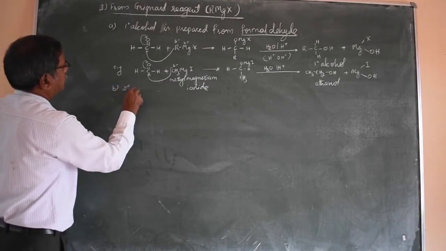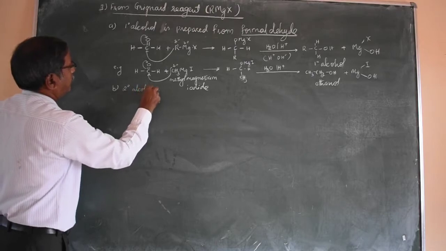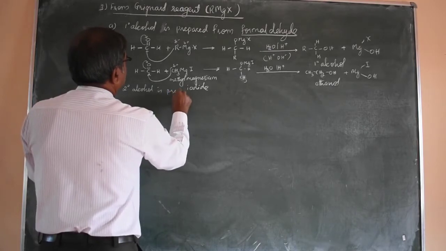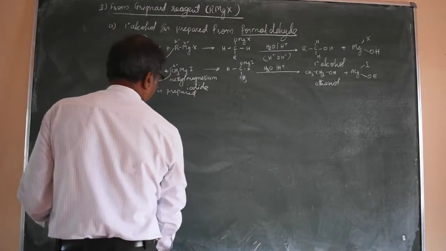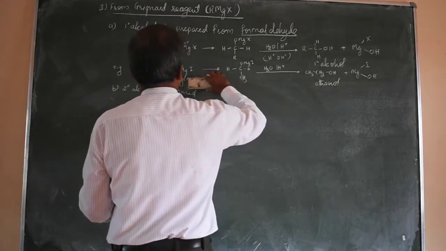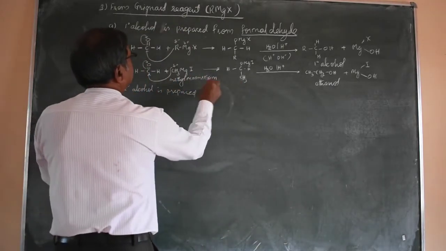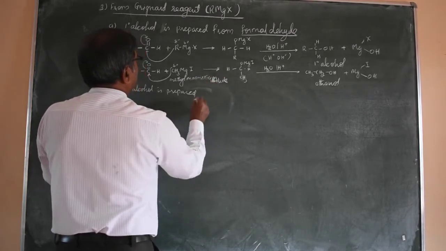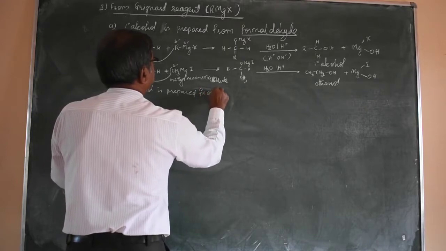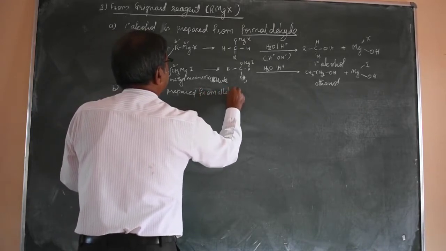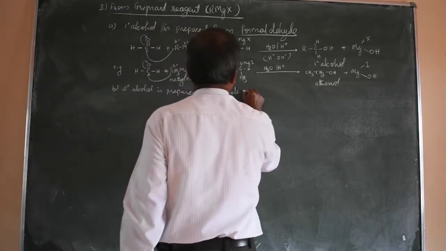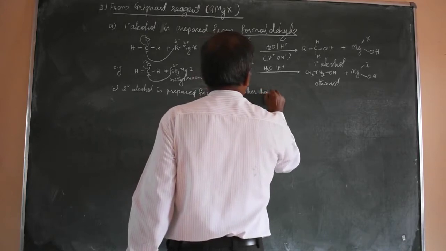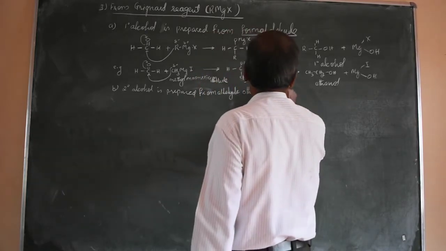2 degree alcohol is prepared from aldehyde other than formaldehyde.